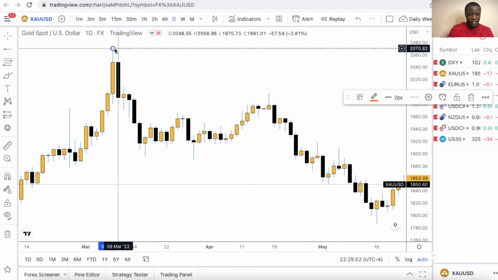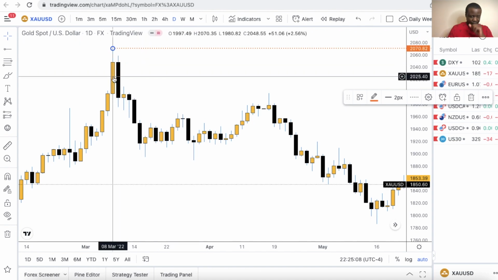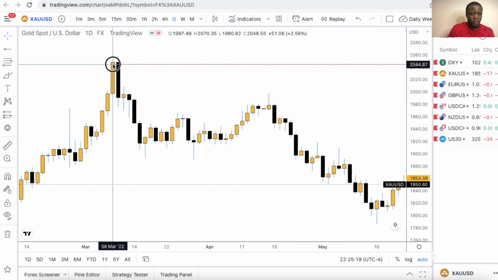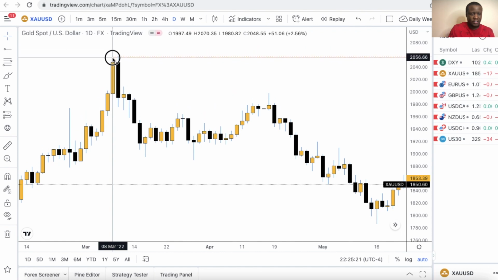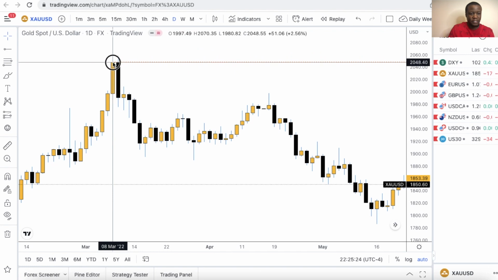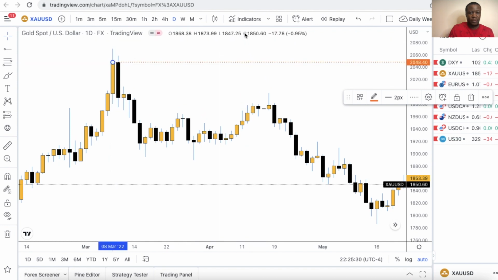And you can see it right here with the H representing the high of the day, which was 2070.35. And then we have the close when it retraces back down for the day to close off for the day. That would be this number right here represented by the C, which is the close.